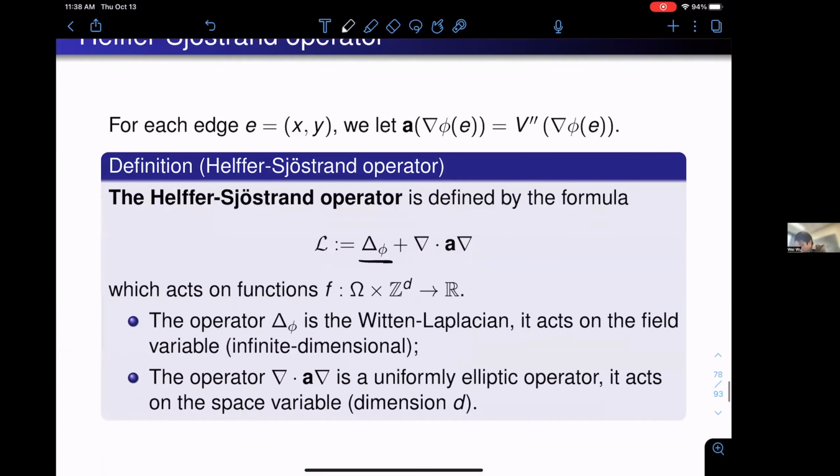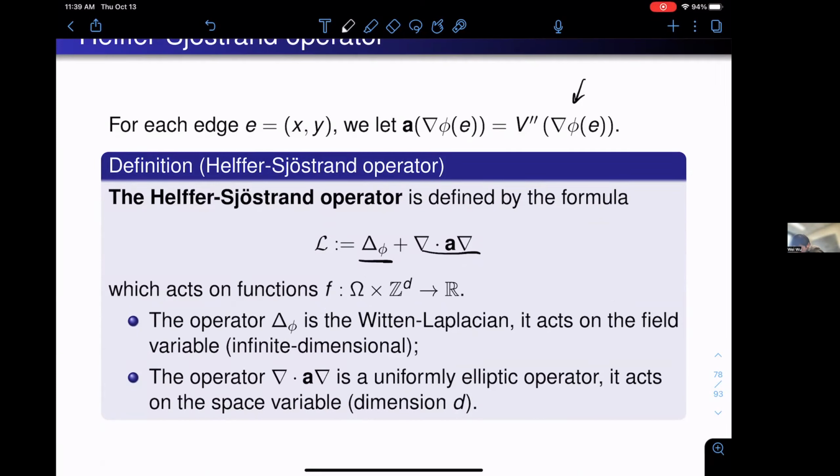So we have this operator, and we have a usual elliptic operator living on the spatial lattice, which is Z^d, where this diffusivity is given by the second derivative of your potential V. So when the second derivative is bounded above and below, we are happy because this term is just a uniformly elliptic operator in the usual spatial dimension.